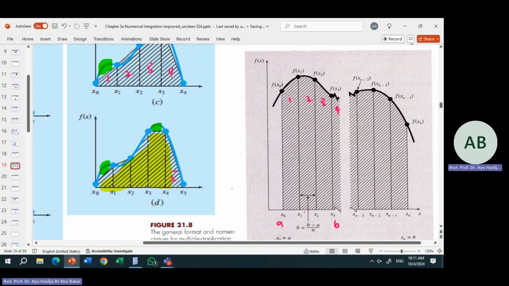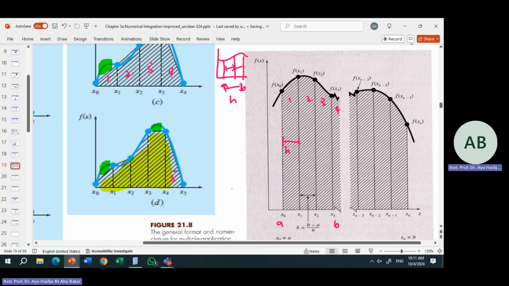So to find the h, you need to find the distance of each segment. Because for trapezoid, if single just now, A and B, this is the h. But now you have multiple, so the h you need to find for each segment. Each segment should have the same h, the distance.